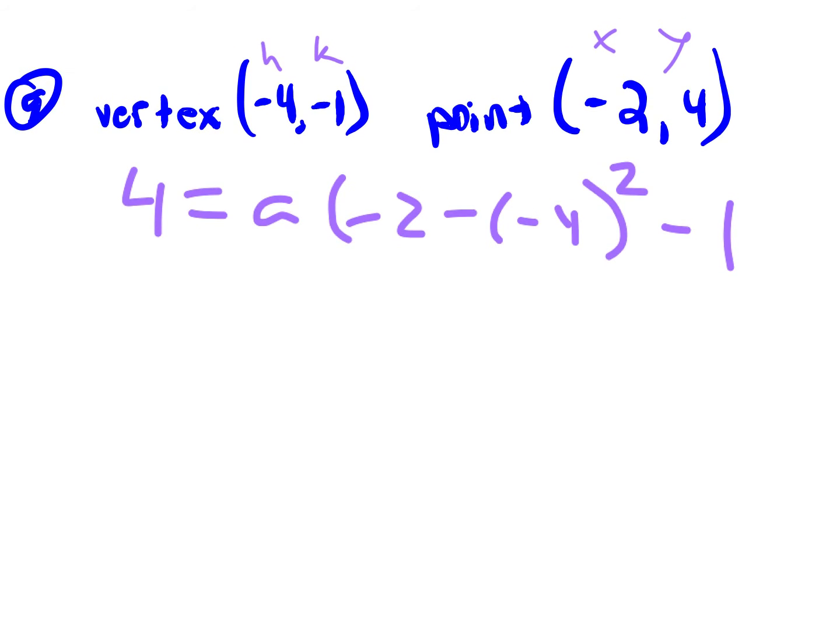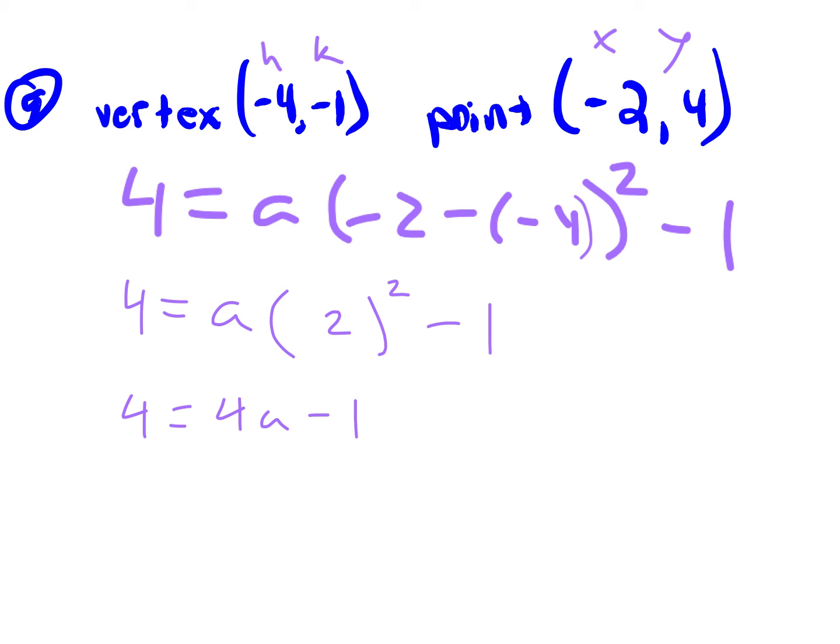So now we want to solve to find a. So 4 is equal to a times, what's negative 2 minus a negative 4? 2 squared minus 1. 4 is equal to 4a minus 1.